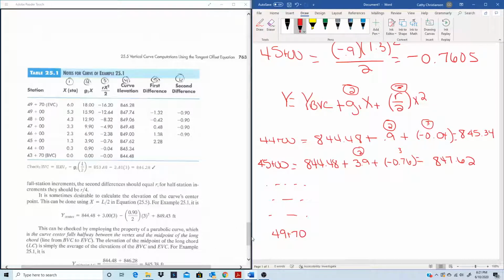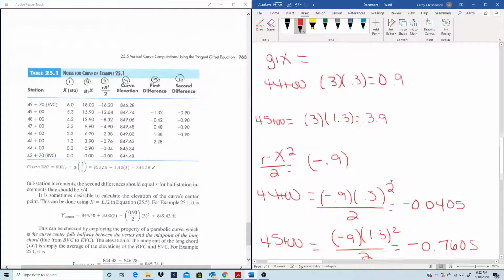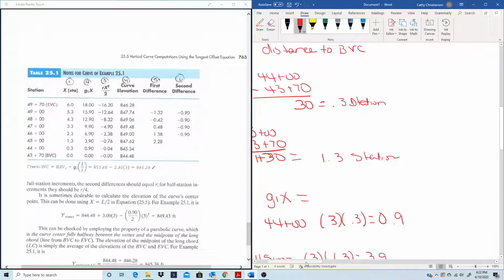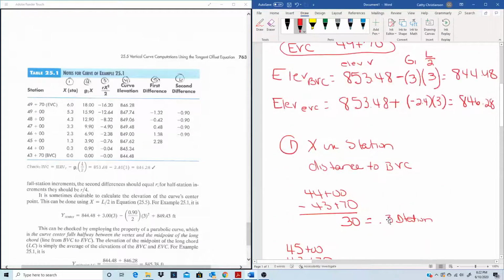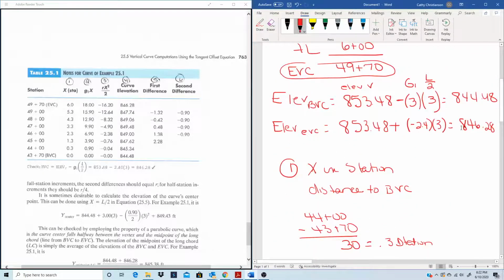So I have 844.48 plus 18 plus a negative 16.2, and you should get 846.28. Now, I actually calculated that up here at the beginning. The end vertical curve elevation, I got 846.28.